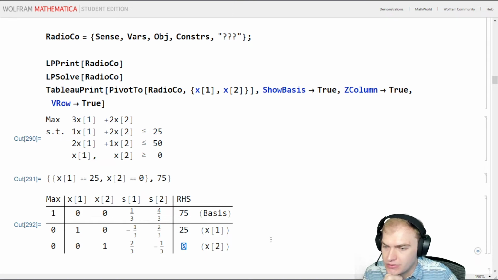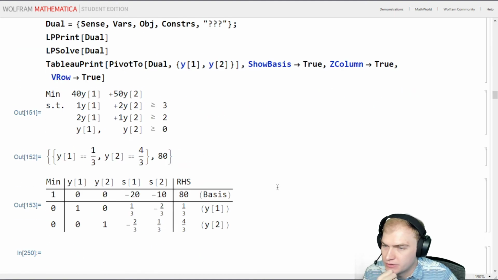So that's the allowable decrease in constraint 2. Well, that's constraint 1. Yeah, the allowable decrease in constraint 1 is 15, which is not showing up in the dual.